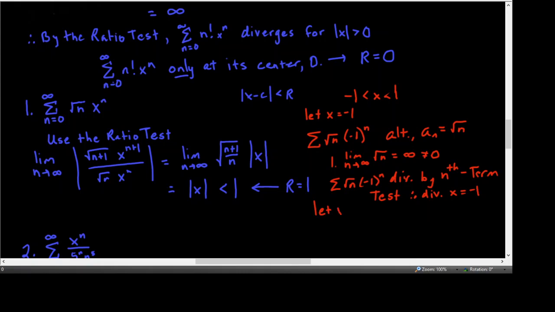Okay, now test the other endpoint when x is +1. The series will become the square root of n times 1 to the nth, which is going to be the series of square root of n.